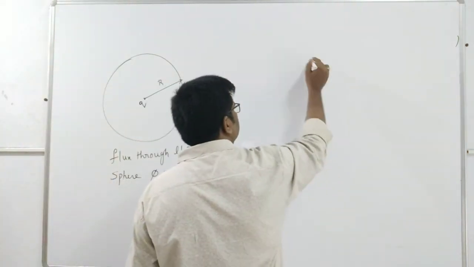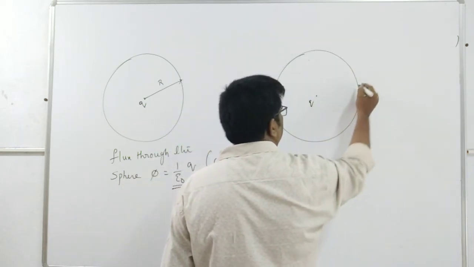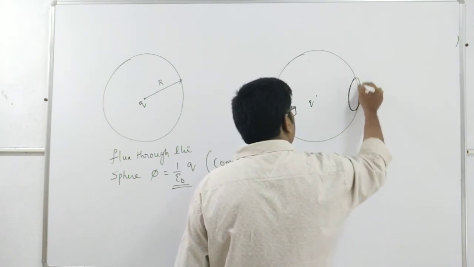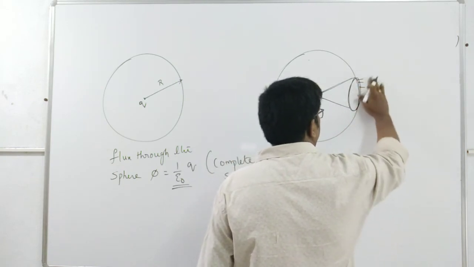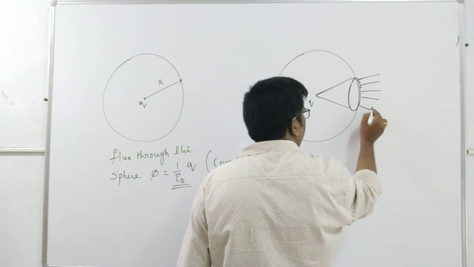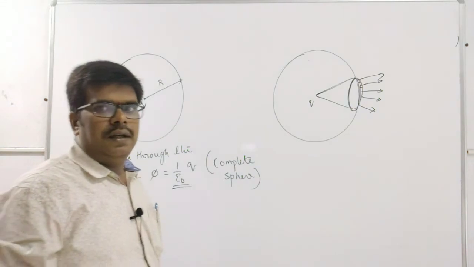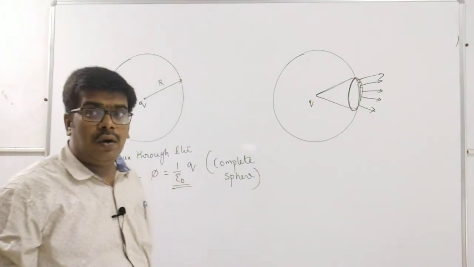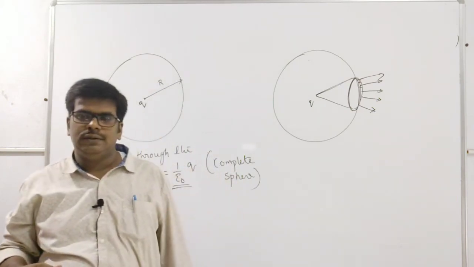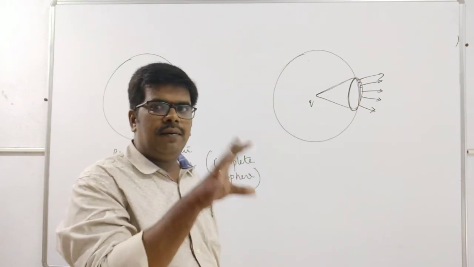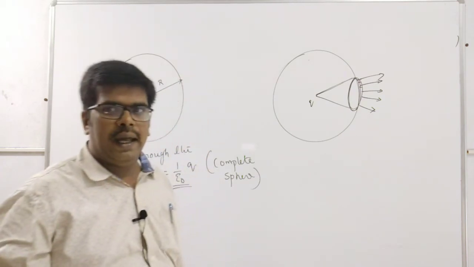But if the question is like this: if a charge is present, but I want the flux through a small part here, radially, the flux through this small area of the sphere, not through the complete sphere, then in such cases we can find the flux by going through the concept of solid angle.